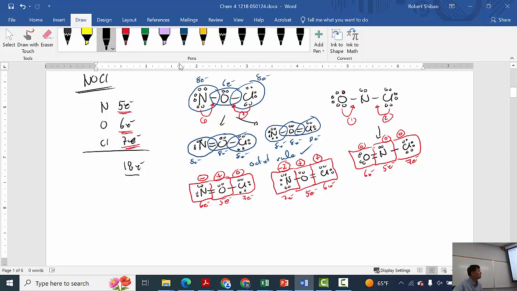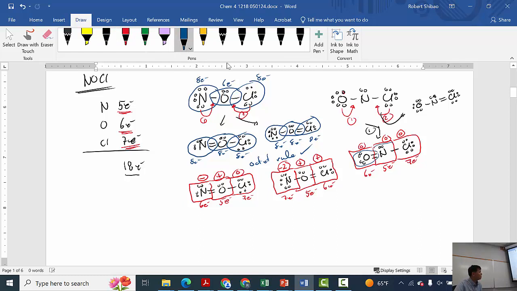How about if we chose option 2? If we chose option 2, what would we have ended up with? I'm going to form the double bond now with the chlorine. I forgot to do the octets, but you can see the octets are fine.